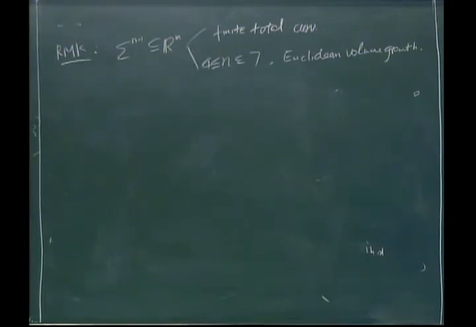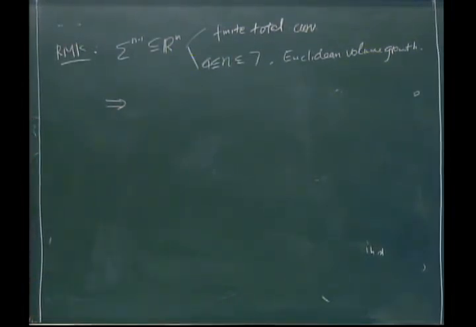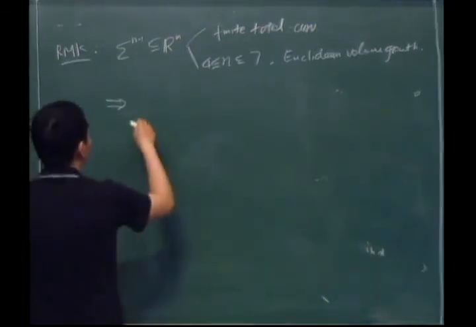If one of these two conditions holds, then we can conclude that each end of such a surface is a planar end. It's so-called regular at infinity.